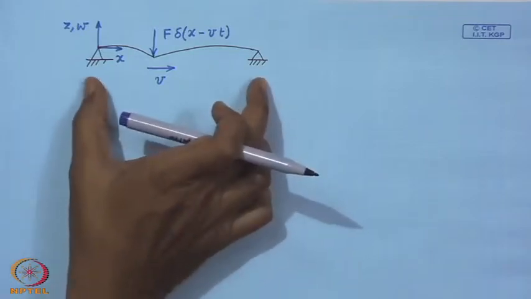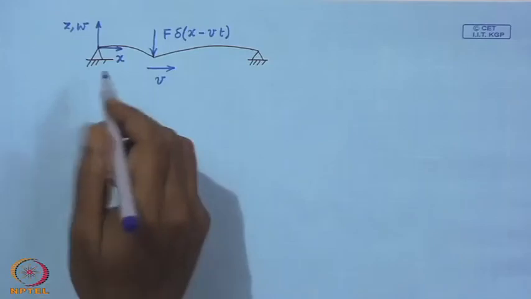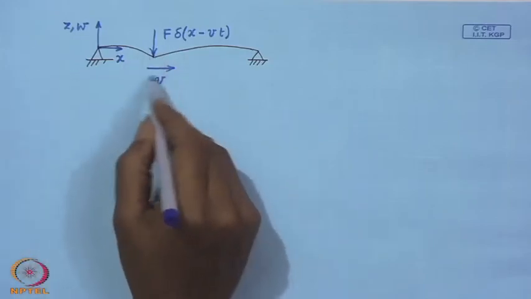So, we have a taut string on which there is a concentrated force which is travelling at a speed v.